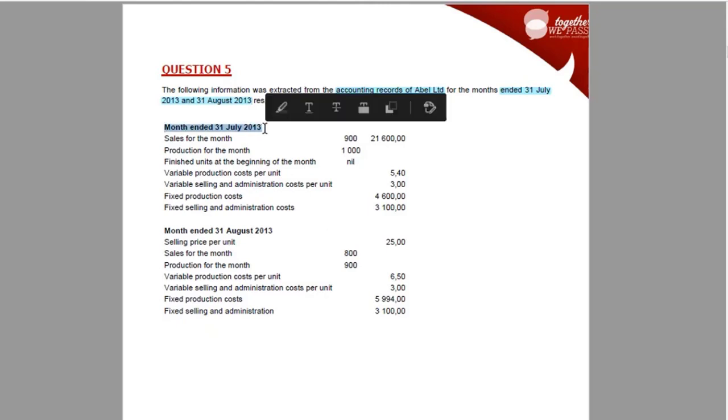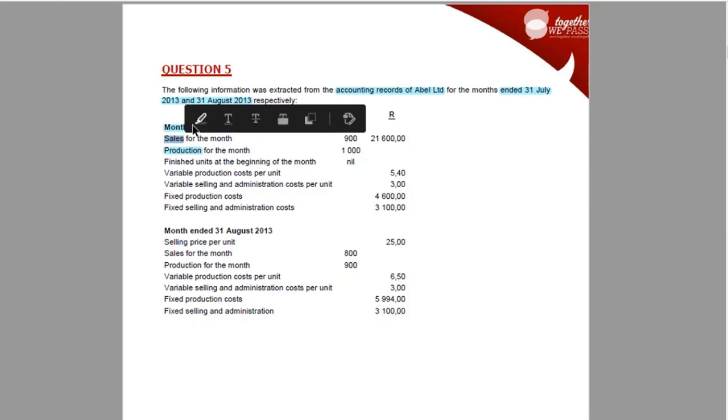For the first month, July, they tell us that they made sales of 900, and the total cost is 21,600. What they produced for the month was actually 1,000. So that means they have a closing inventory for that month of 100. Finished goods units at the beginning of the month is 0, so they didn't have any opening inventory.